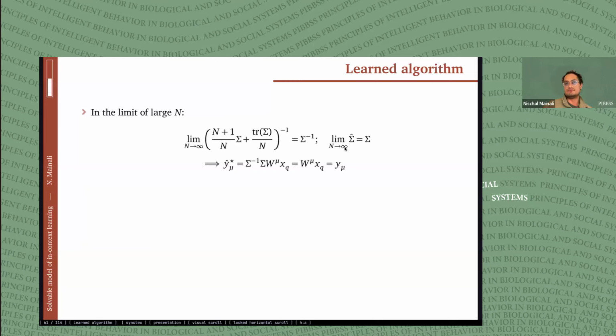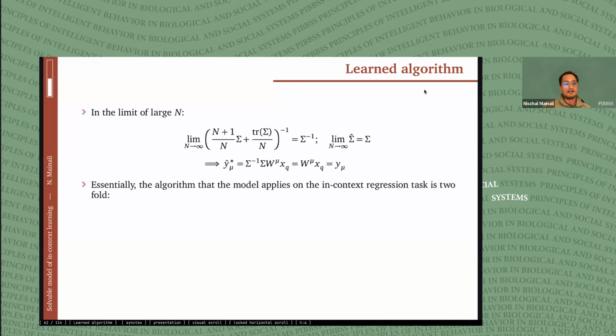Similarly, at infinite limit, the empirical covariance sigma hat also concentrates to the true covariance sigma. So if we substitute it back, the predictor y star is sigma inverse times sigma, and W, which is the true relation that the model was able to infer, times xq. So exactly, the predictor is equal to the true value in the large n limit. So that's a sanity check.